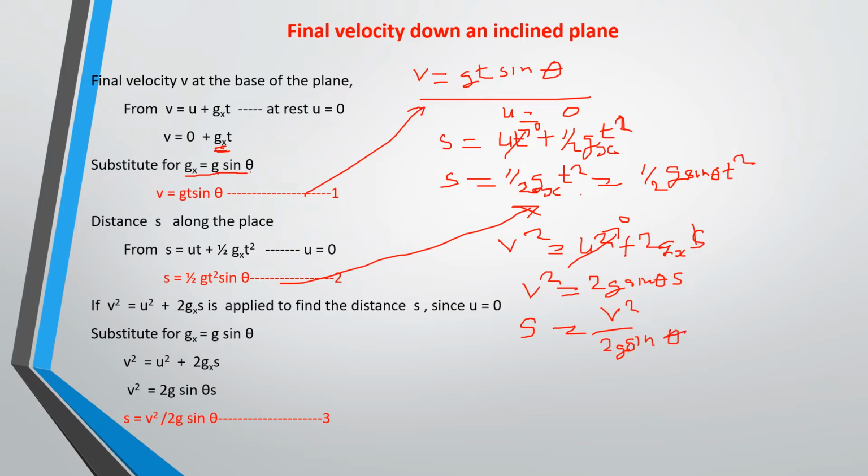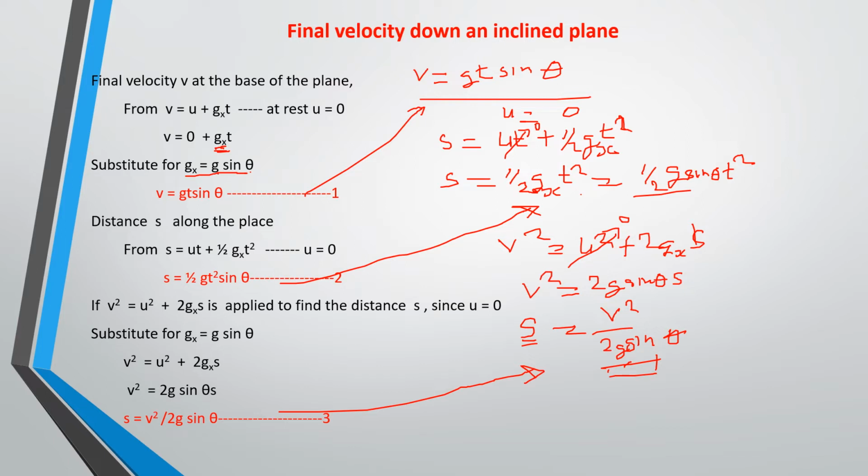Okay, so this is how to derive all these equations. So distance is equal to, depending on the variables that are given to you, you can either use this equation to find the distance or use this one to find the distance along the plane.